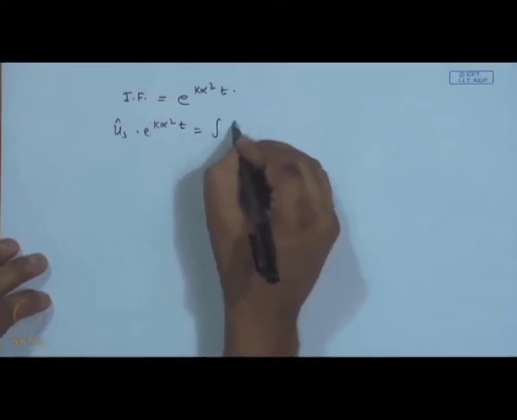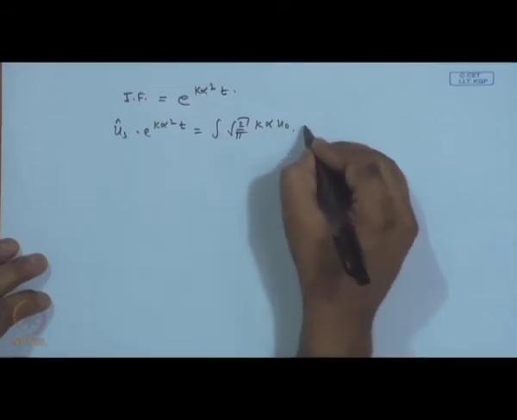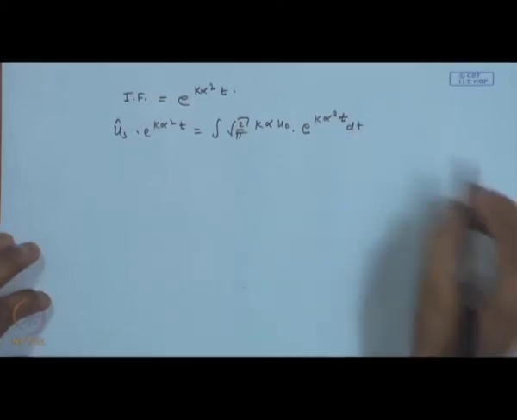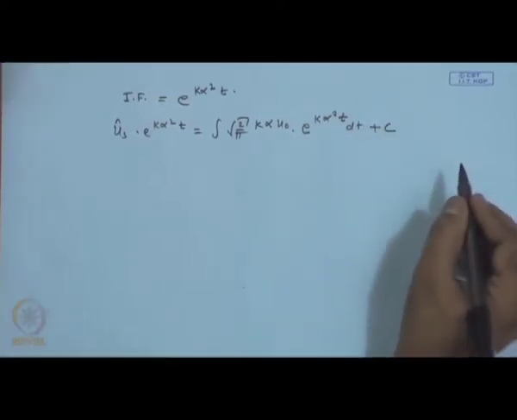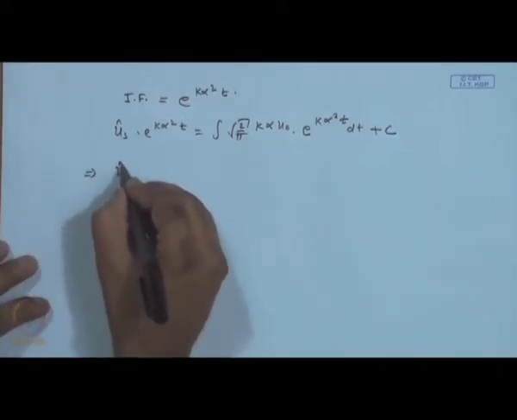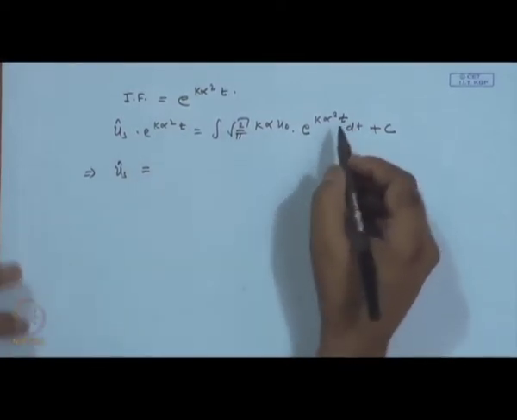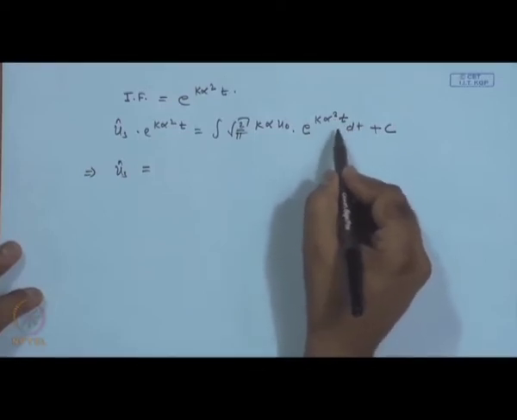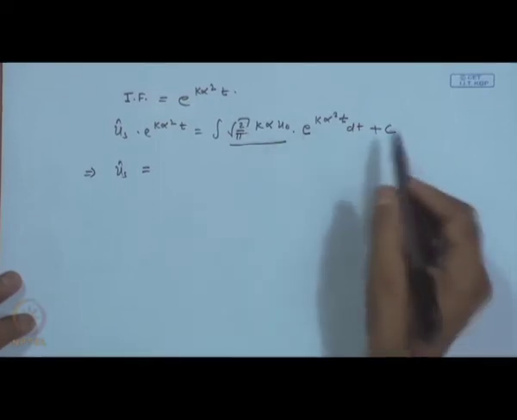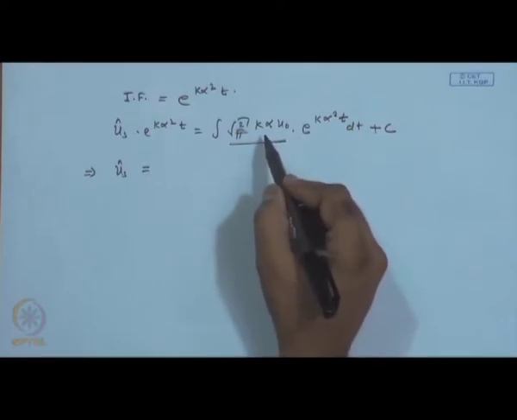Now, e to the k alpha square t times u_s hat. On the right hand side we have square root 2 over pi, k alpha u naught, and e to the k alpha square t dt, plus a constant. This we can take to the right hand side. If we integrate e to the k alpha square t with respect to t, we will get e to the k alpha square t over k alpha square.